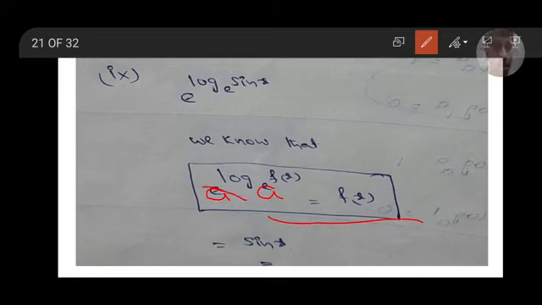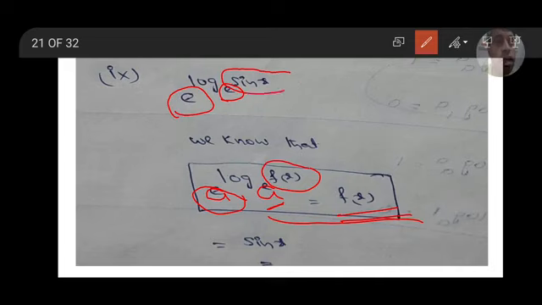If this base and the logarithmic base are the same, then whatever the function is, we get that function as the answer. So here this base e and the logarithmic base are also the same, so we get the function f of x, and f of x equal to sin x, that is sin x is the answer.